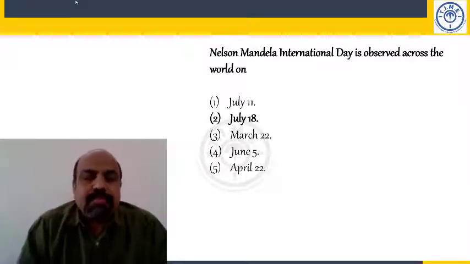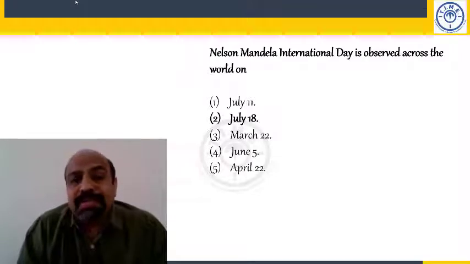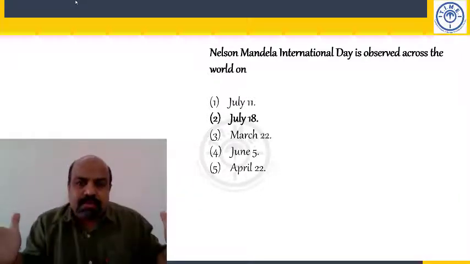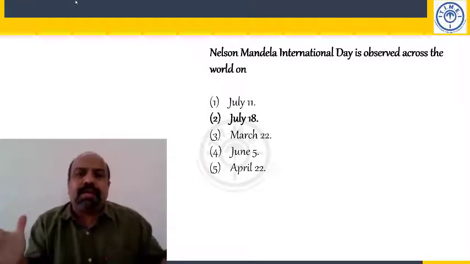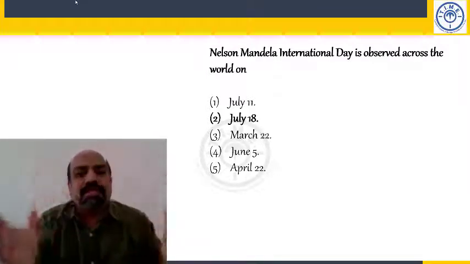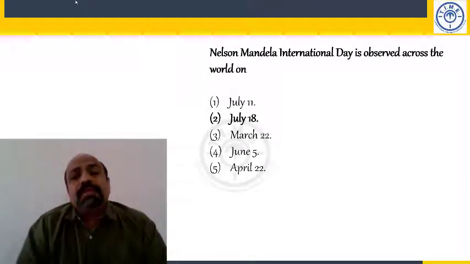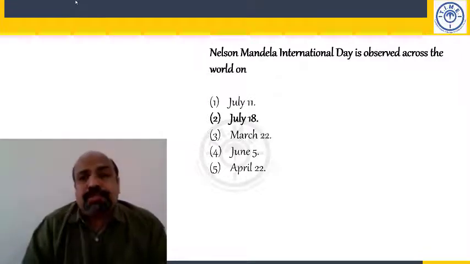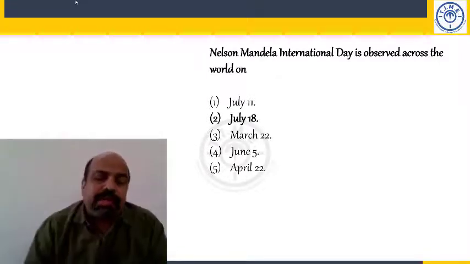Afrikaans is a language, and in Afrikaans it means separateness or apartness. This was a policy. You can underline apartheid and put down an arrow.